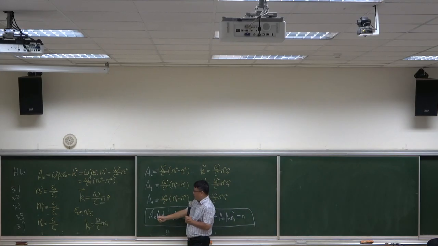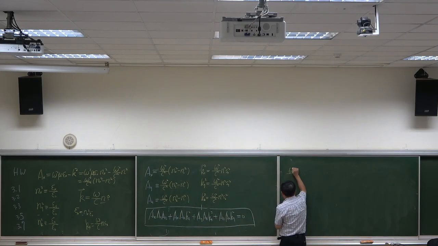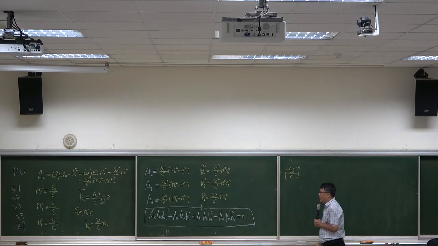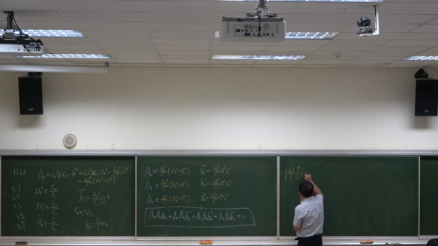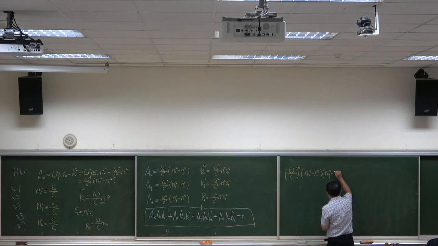Here we have 3 terms. So we have a factor omega over c to the 6th power times nx squared minus n squared, ny squared minus n squared, and nz squared minus n squared.